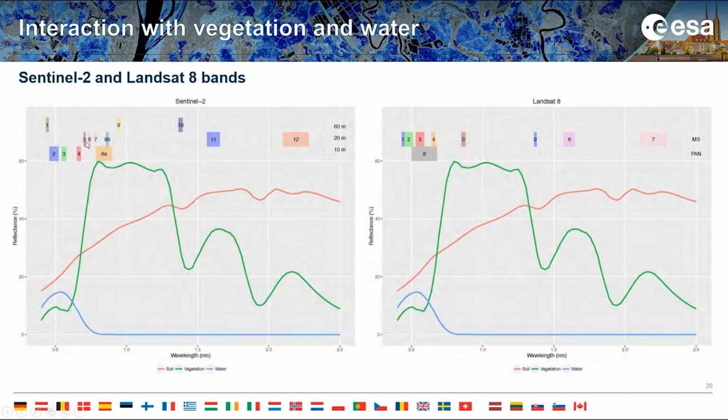Here, the 3 bands for the crop monitoring are exactly on this spectral range, wavelength range, where the vegetation and the soil cross each other. And this is very important to distinguish which kind of crop field we are observing. In Landsat, we don't have this information.